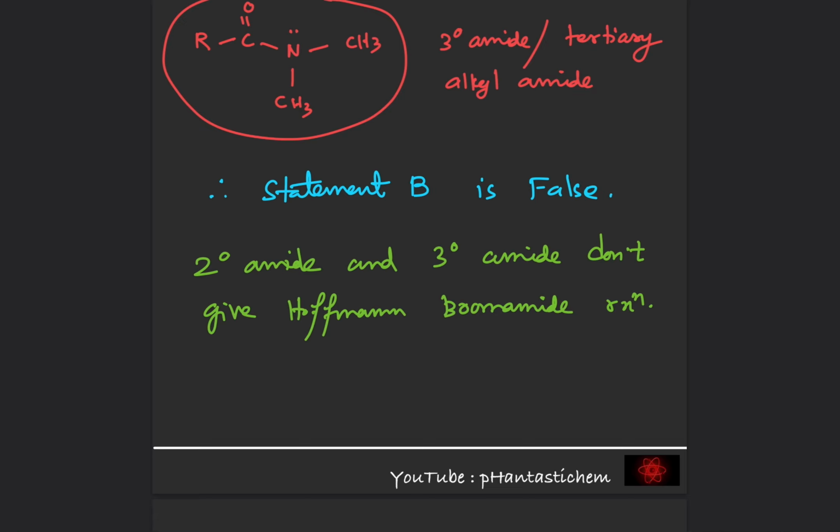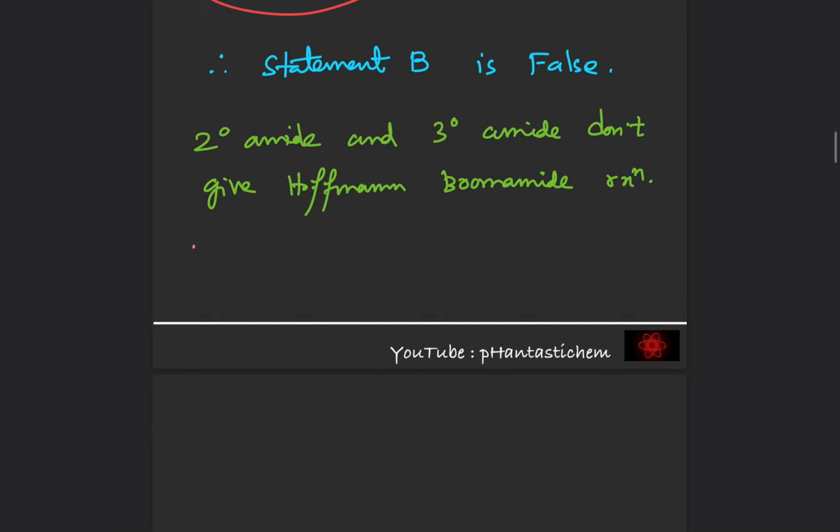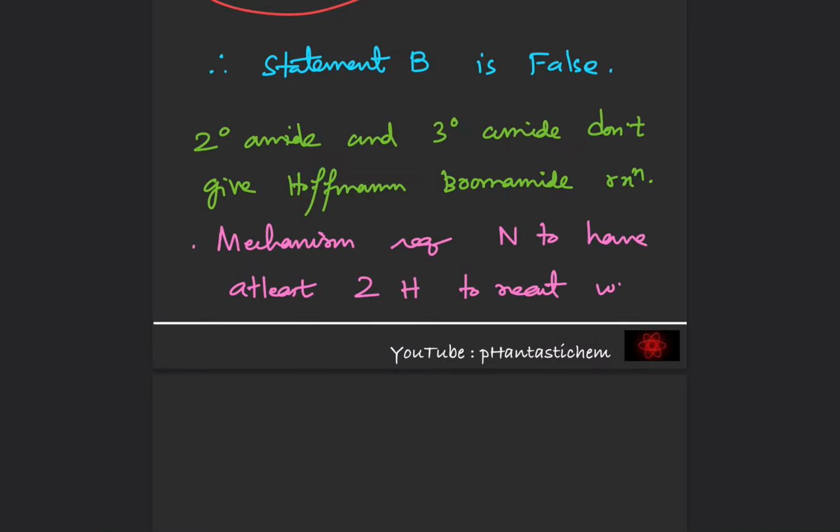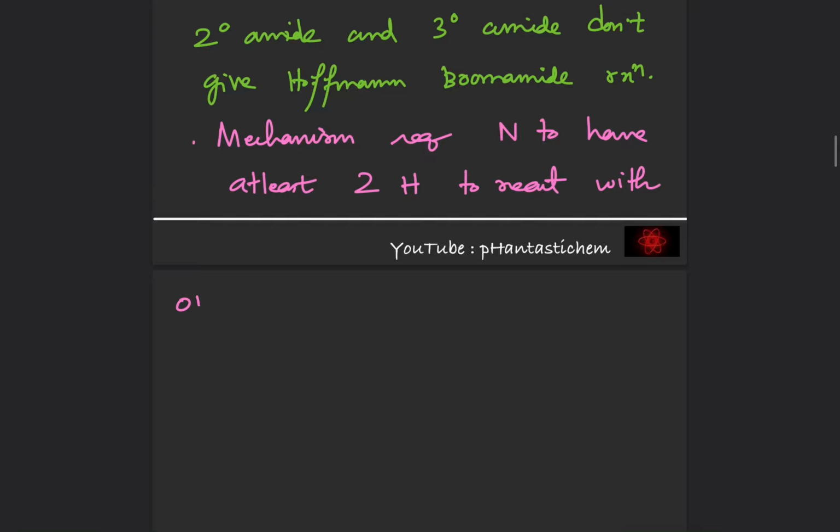Because the mechanism requires nitrogen to have at least two hydrogens to react with the base, that is OH minus and Br2, to form the intermediate, that is isocyanate. So I will write this down: mechanism requires nitrogen to have at least two hydrogens to react with the base, that is OH minus and Br2, to form the intermediate, that is isocyanate.